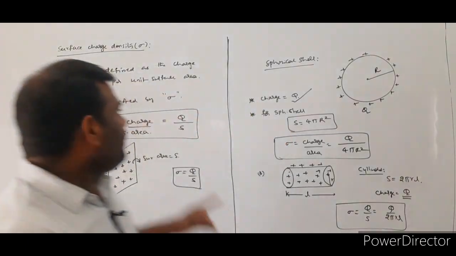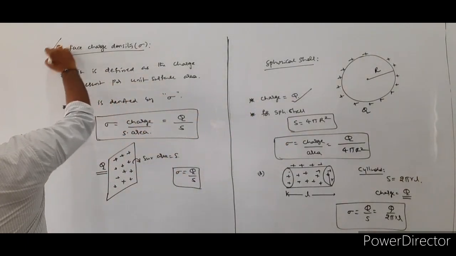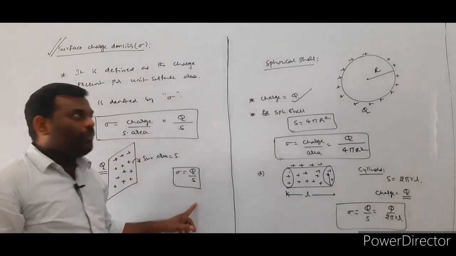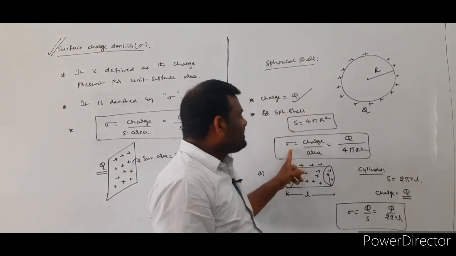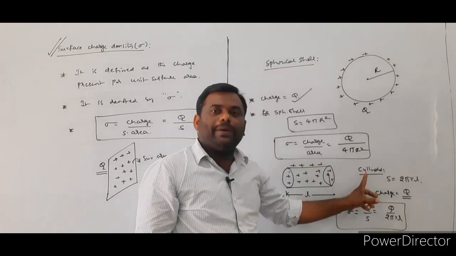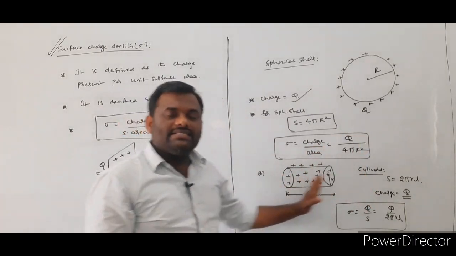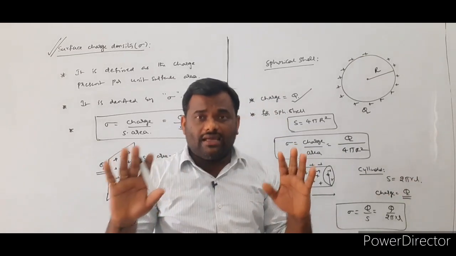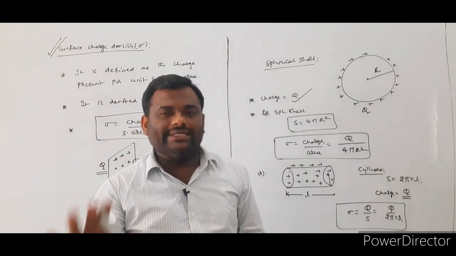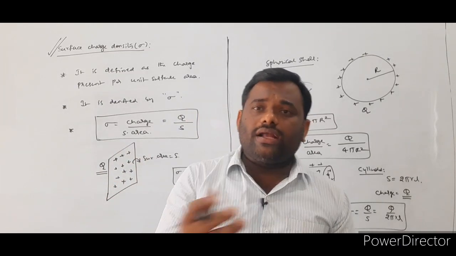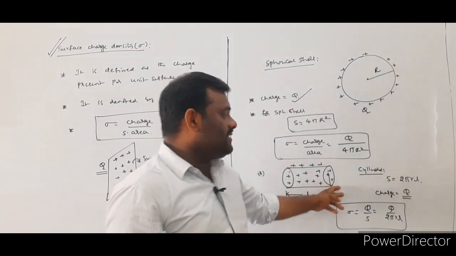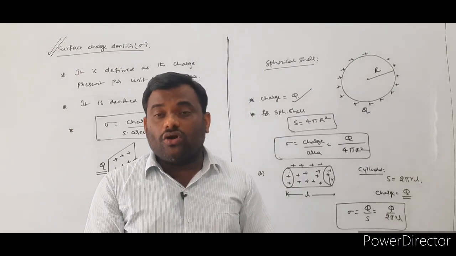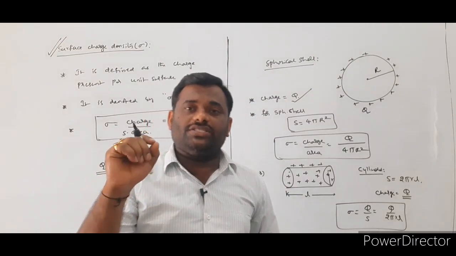At that instant, we define surface charge density sigma. For the sheet, sigma is equal to Q by S. For the spherical shell, sigma is equal to Q by 4 pi r square. For the cylinder, sigma is equal to Q by 2 pi RL. Whatever the object, first we calculate its surface area, and we already know the charge value. Sigma is equal to charge by surface area. This is the second charge distribution, called surface charge distribution.